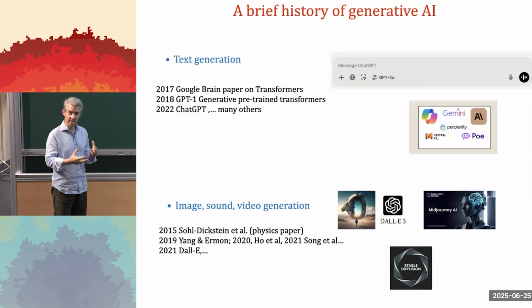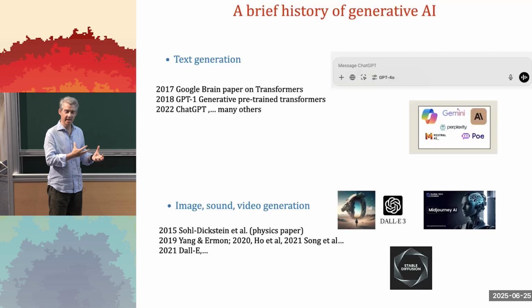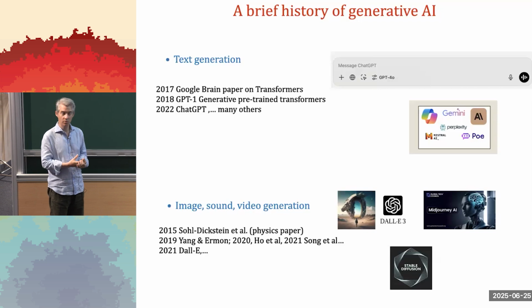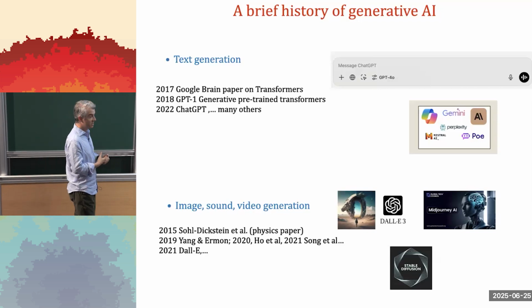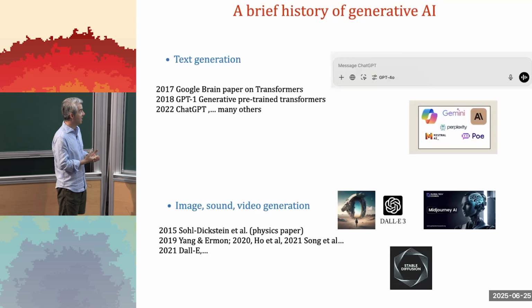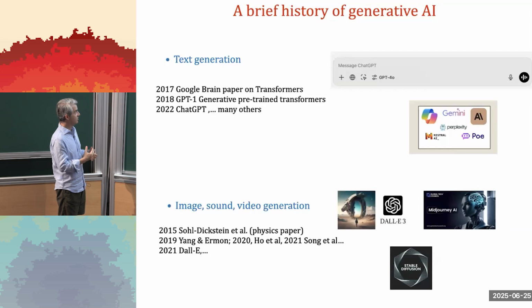The idea was nice, but it wasn't clear exactly how you learn what is called the score. You will see what the score is. So there was a missing piece, and the missing piece came around 2020 independently in computer science. And from 2020, the field really exploded.